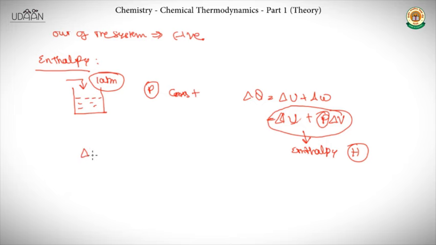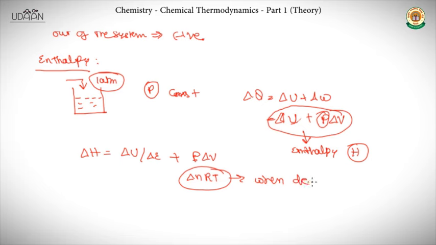So delta H equals delta U or delta E, internal energy, we can use either delta U or delta E, plus P delta V, or since we know that PV equals nRT, we can write it as delta n RT if we are dealing with gases. So this is basically about enthalpy.